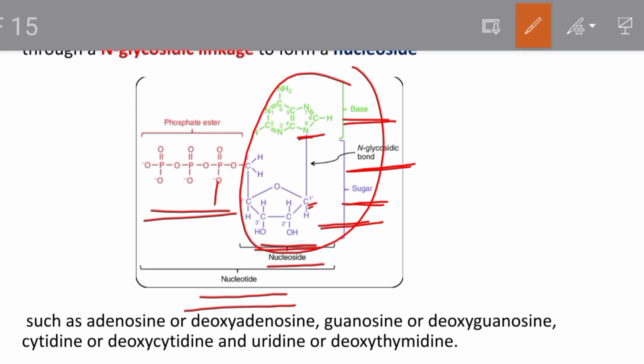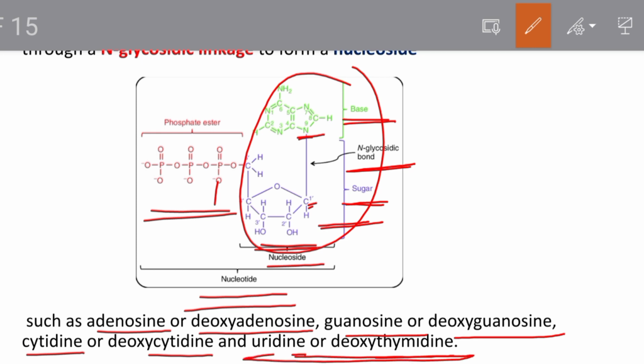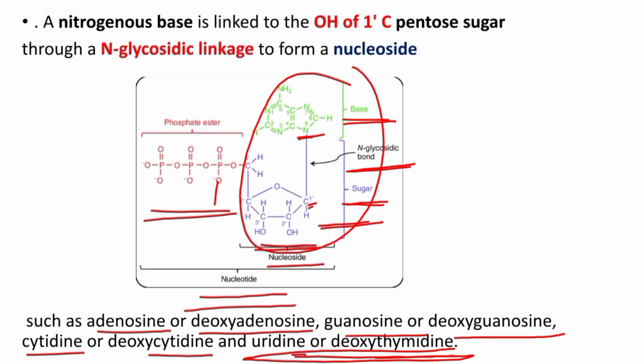Examples of nucleosides they have given: adenosine or deoxyadenosine, guanosine or deoxyguanosine, cytidine or deoxycytidine, uridine or deoxythymidine. This is important. These are all nucleosides.